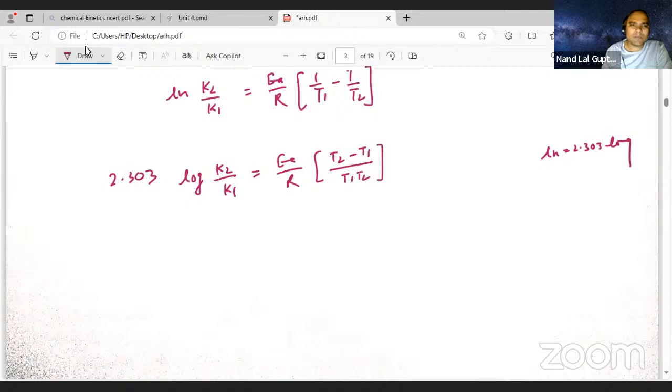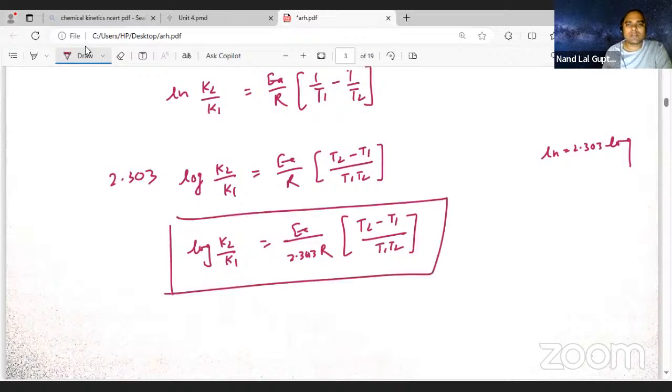So log K2 by K1 is equal to Ea upon 2.303 R times T2 minus T1 upon T1 T2. This is the equation.